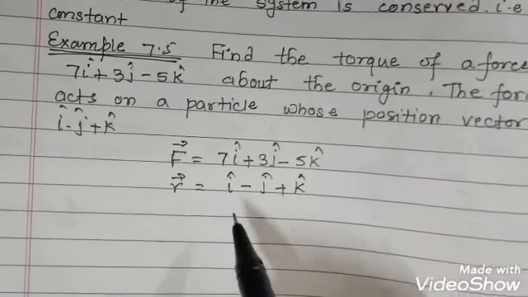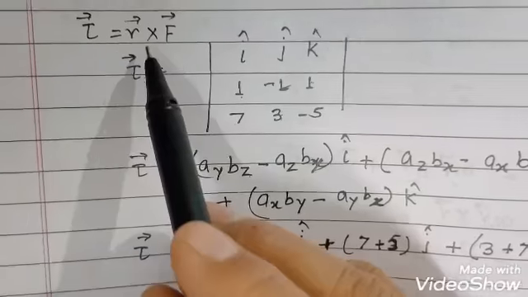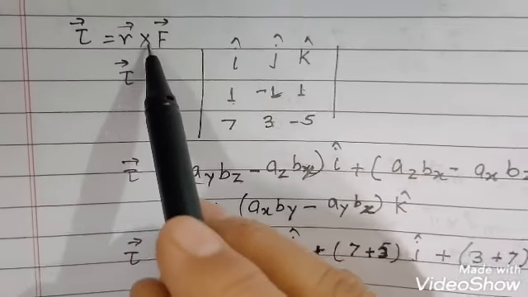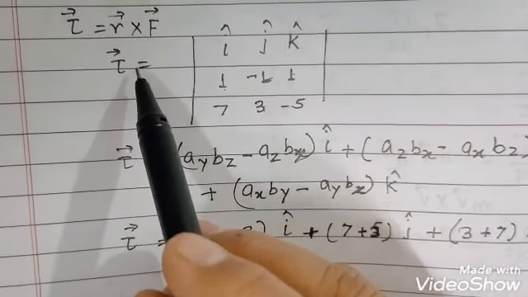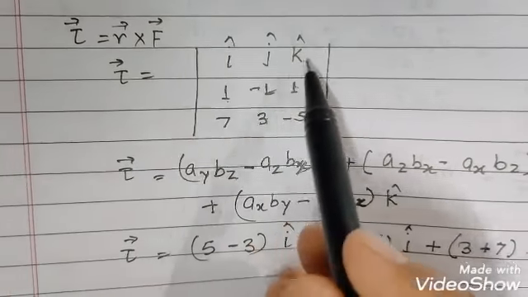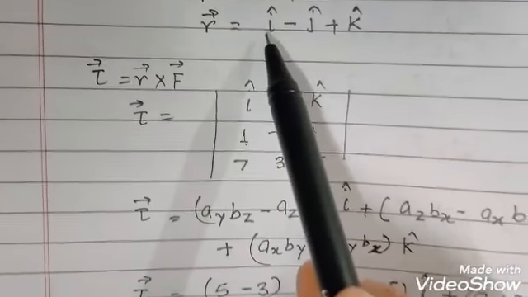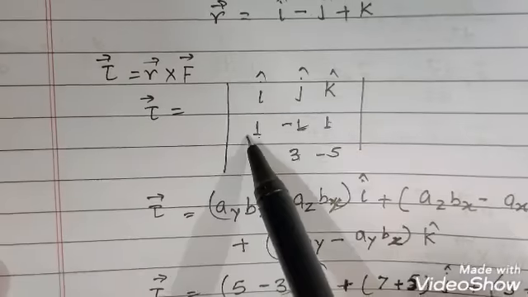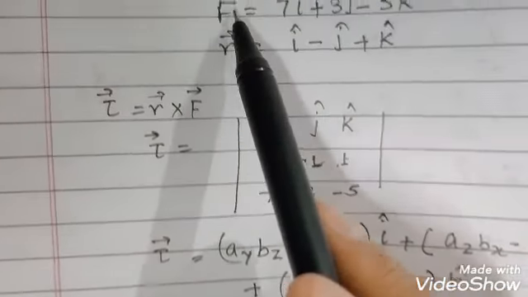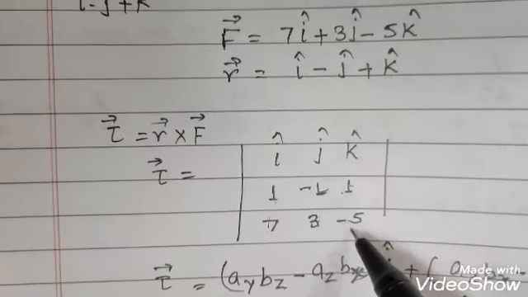Now we shall use the determinant rule to find the torque, that is r cross F. So tau is equal to r cross F. Now we'll find it by the determinant. Tau is equal to, we'll write i, j, k, and the r, that is 1, minus 1 and 1, F is 7, 3 and minus 5.